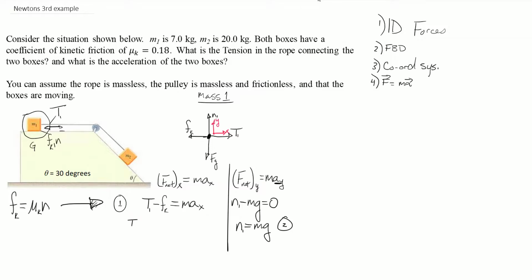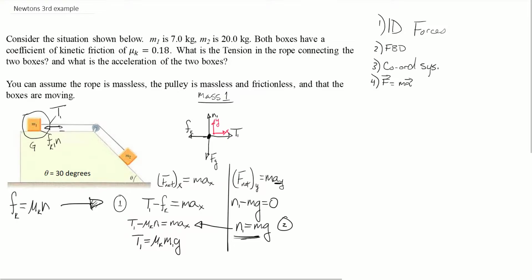And then we have T1 minus mu k times n is equal to mass times the acceleration in the x direction. And since we know this normal force, we just solved it here with equation 2, we can plug that in as well, and we get T1 is equal to mu k, and this is going to be m1, the mass of that object, times g, because that's our normal force.